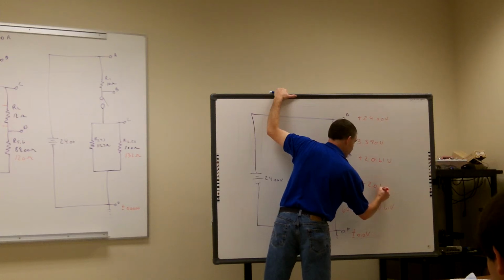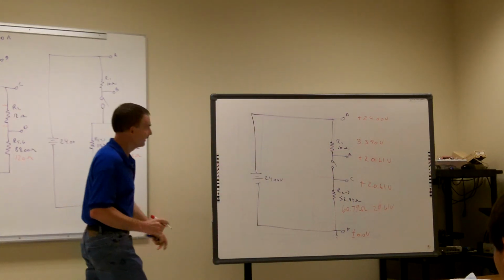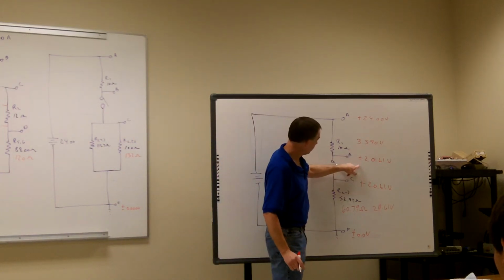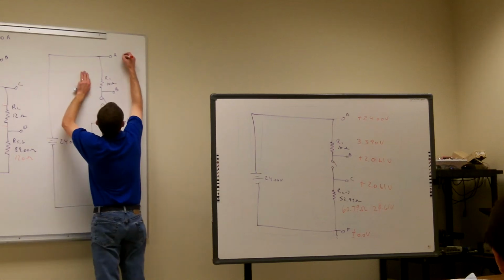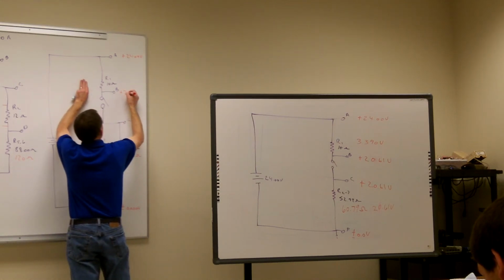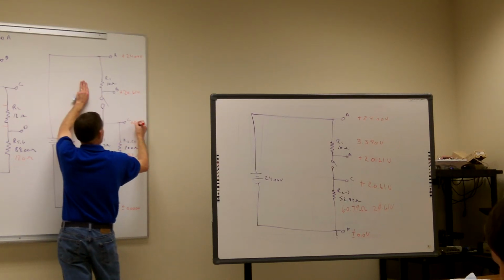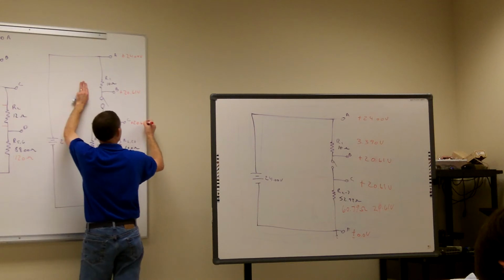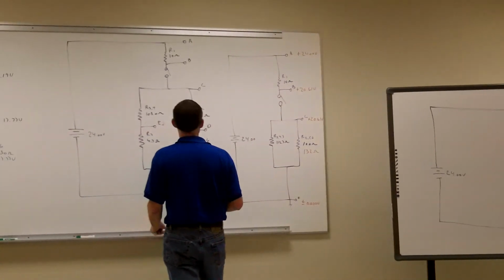I won't even ask you, since you guys can't give me the right answer. All right, so there's our new voltages there. So we got plus 24 volts here, plus 20.61 volts here.